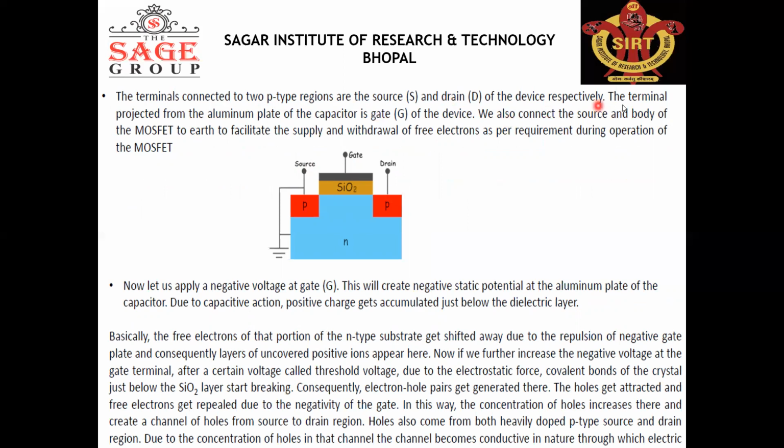The terminal projected from the aluminum plate over the SiO2 layer is the gate of the device. We also connect the source and the substrate body internally, to provide the earth connection of the MOSFET.